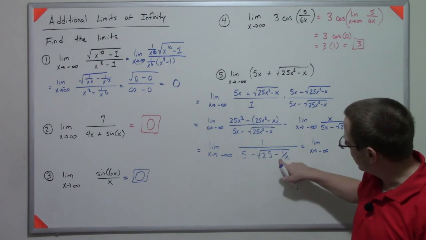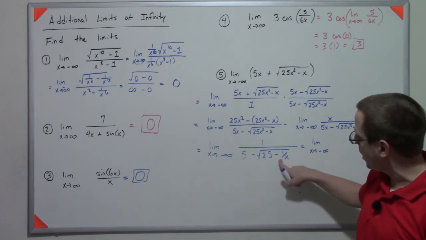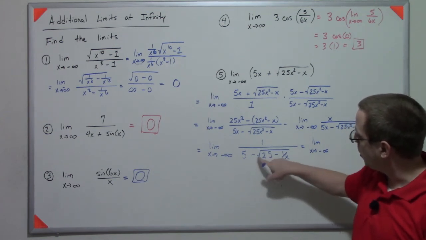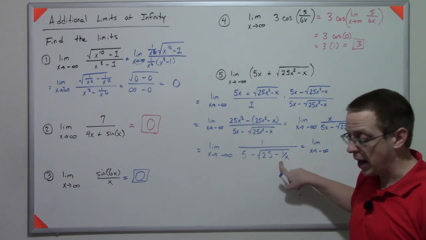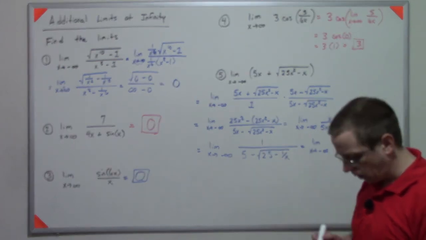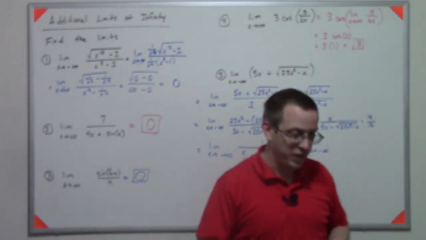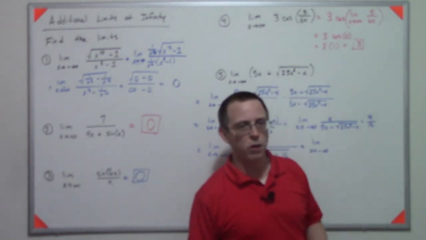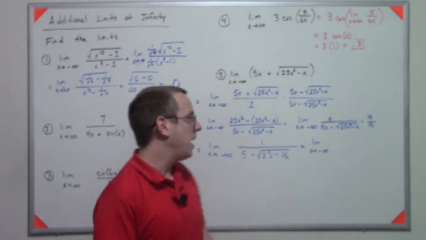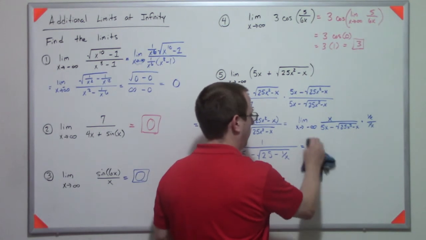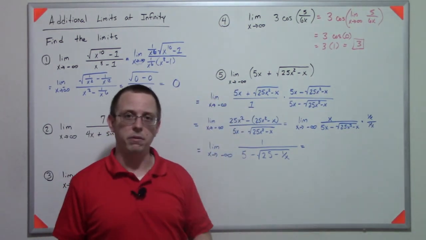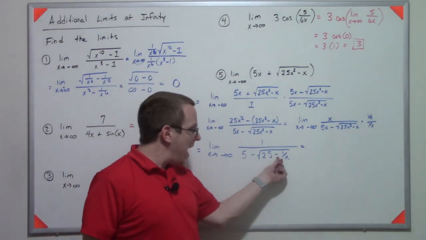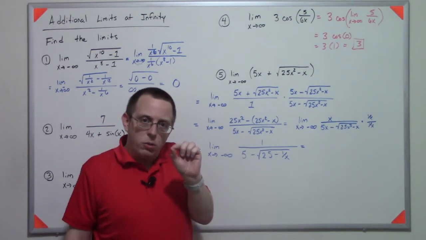But what you're going to find is this is going 25 minus 1 over x. So this is where things get a little bit fishy. You have to be real careful. So x is going to negative infinity, which means that negative 1 over x is just a little bit larger.